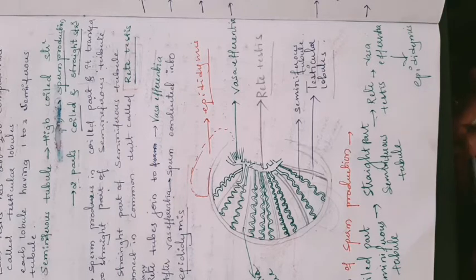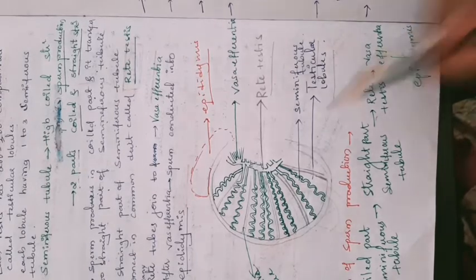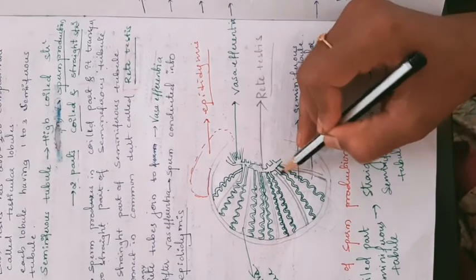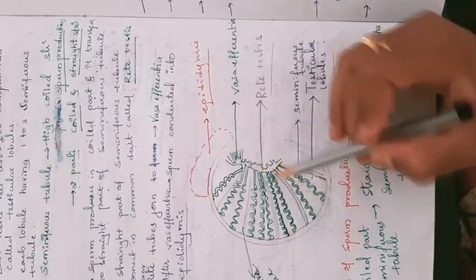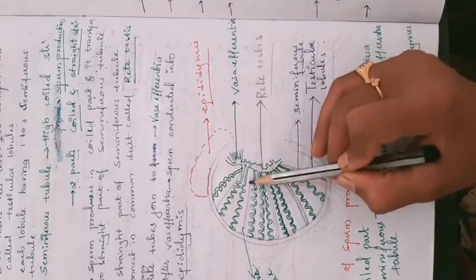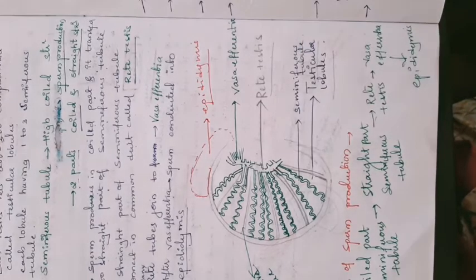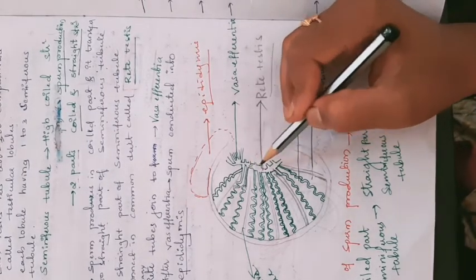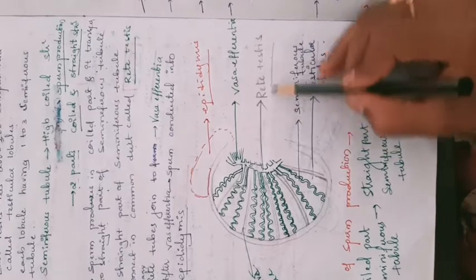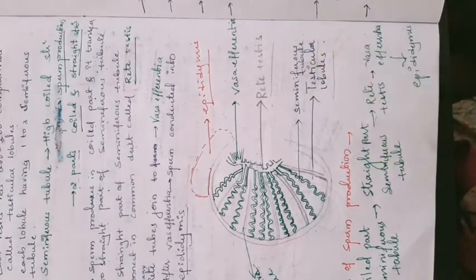Here you can see the seminiferous tubule, the straightened part and the coiled part. Initially it is coiled and then becomes straight. All the straightened parts of the seminiferous tubules connect to form a common canal-like structure called the rete testis.